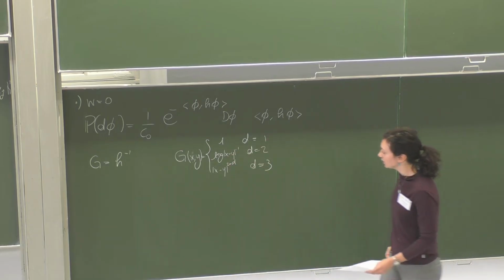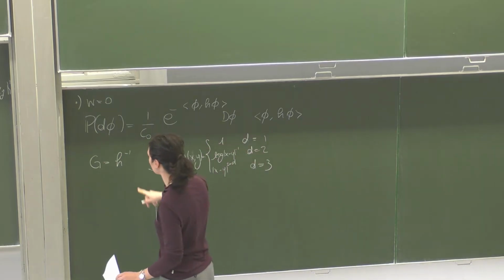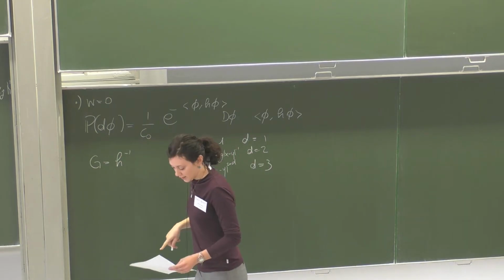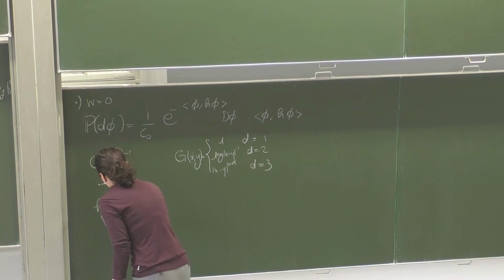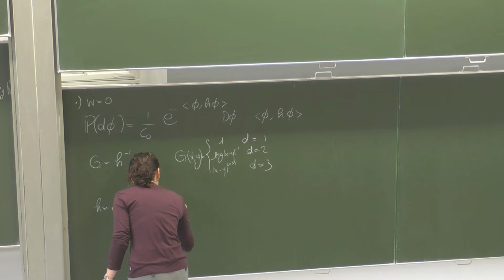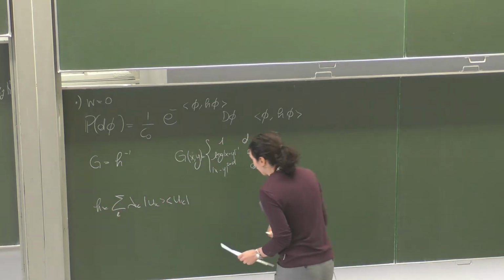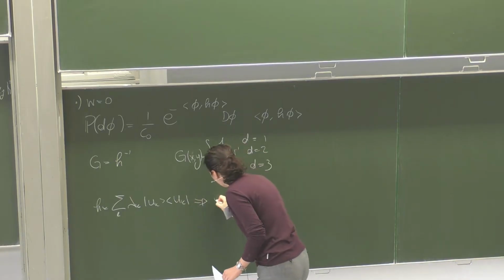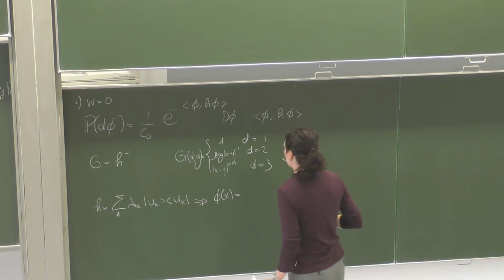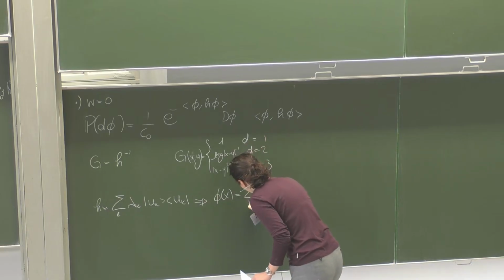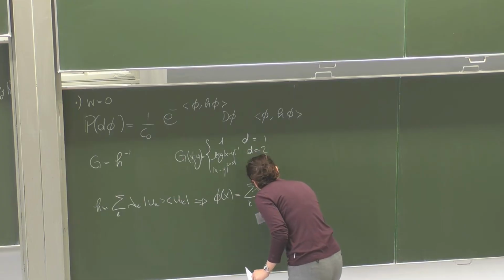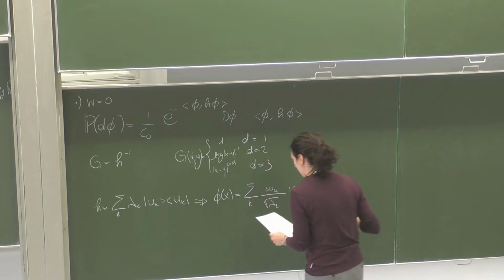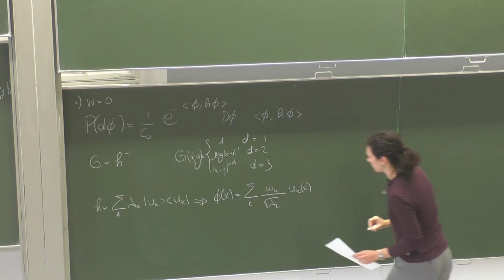Okay. How do we construct it rigorously? We can use the spectral decomposition of the operator H. And then we construct our field phi by taking the sum over k, with the square root of k, and this obviously depends on x.